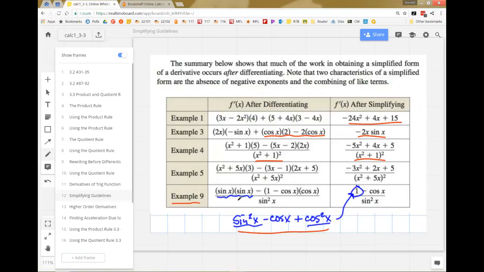So these are just guidelines for how far you should go. Don't ever touch that denominator squared on the bottom. Just let it be squared. But with the numerator, you want to get things simplified, get them together.